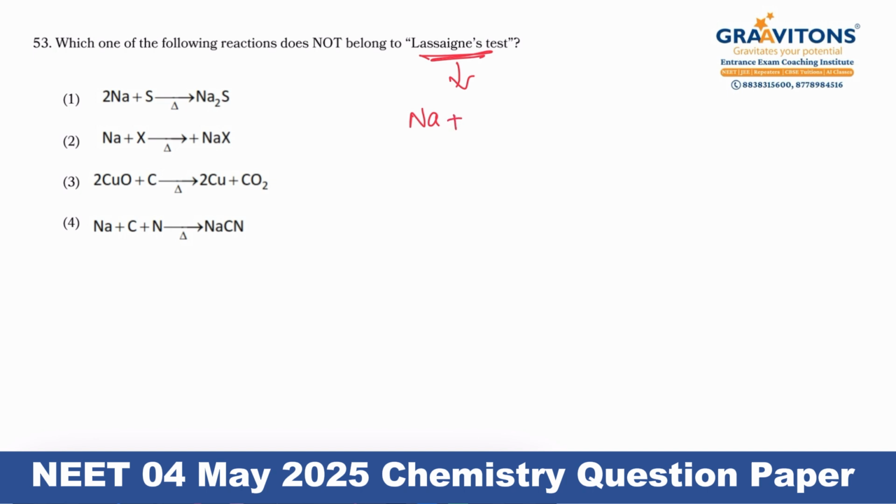So this sodium will combine with elements present in the organic compounds, like halogens, sulfur or nitrogen. Sometimes both sulfur and nitrogen together give you thiocyanate. So these are the Lassaigne test reactions. The odd one out is copper oxide plus carbon giving copper plus CO2, which will not come under this category. So the reaction that does not belong to the Lassaigne test is option 3.